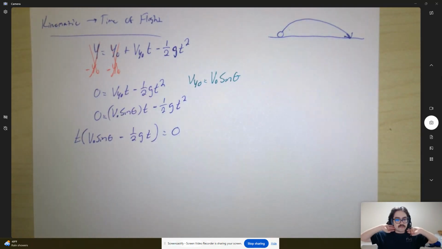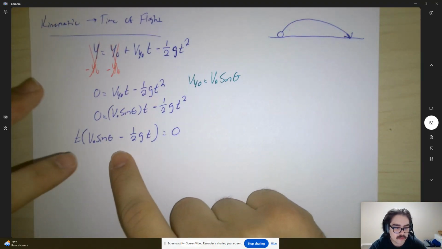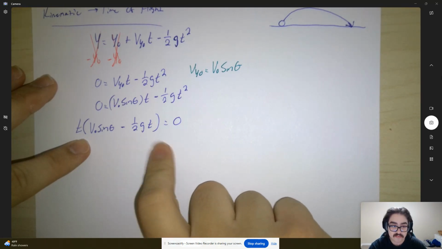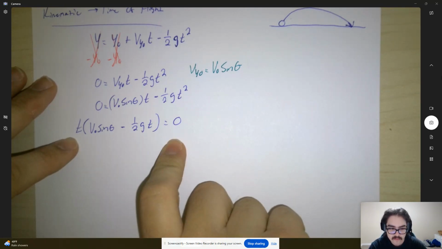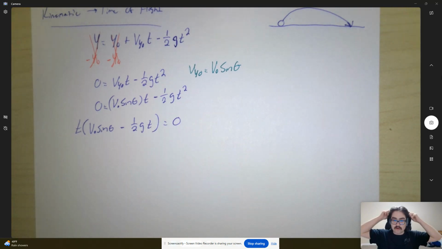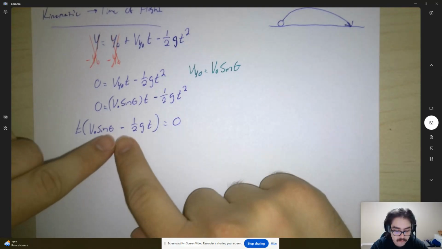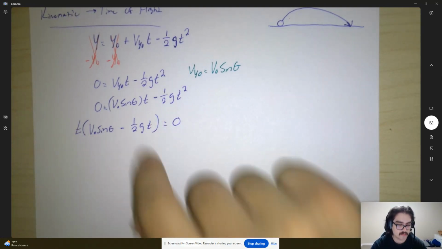Now, I'm totally blanking on what we would call this. To satisfy this equality, we can have t be equal to 0, and then the whole thing turns into 0, and that equality is satisfied. Or we need to figure out whatever's inside the parentheses and set that equal to 0. So that's exactly what I'm going to do.